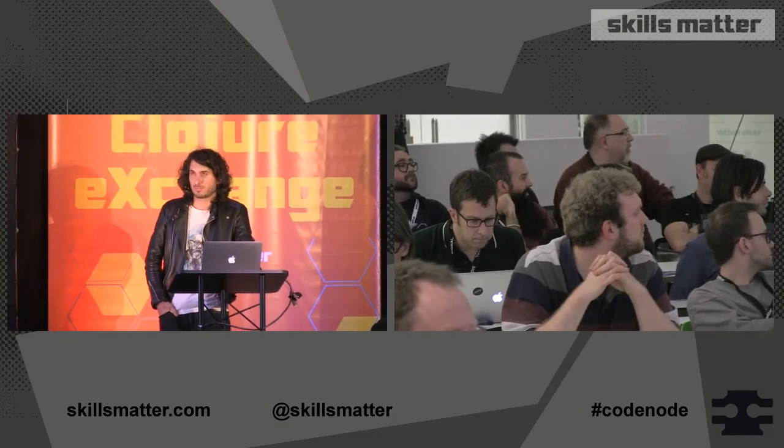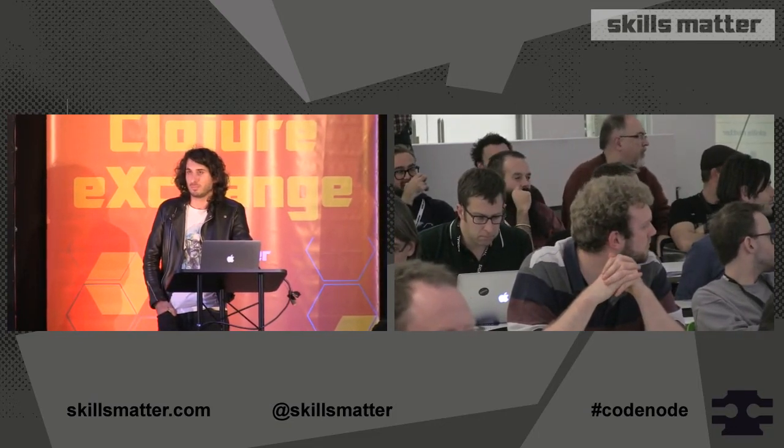Thank you for your talk. I don't know spec that well, but you mentioned case or core.match with destructuring. Do you have a concrete example of how you've used it? Do you mean branching on a particular attribute of your data?